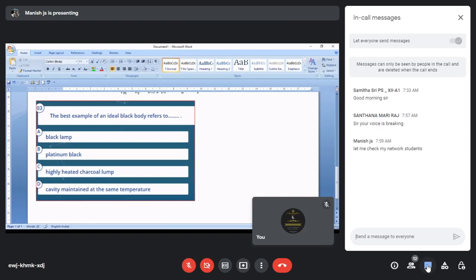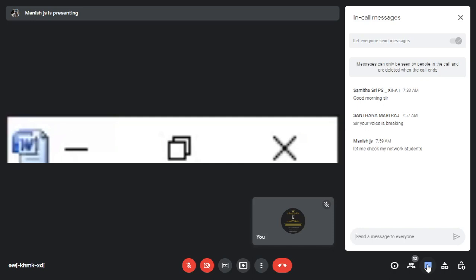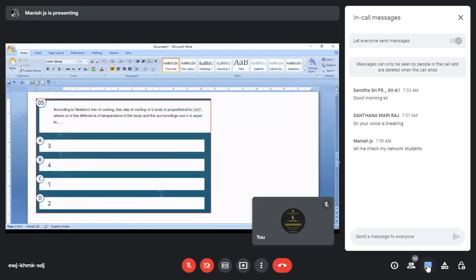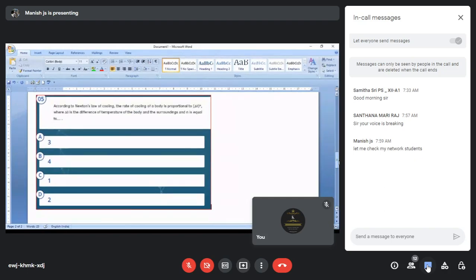Question. In the question try பண்ணுங்க. According to Newton's law of cooling, the rate of cooling of a body is proportional to delta theta whole to the power n, where delta theta is the difference of temperature of the body and surroundings, and n is equal to. So what will be the value of n?